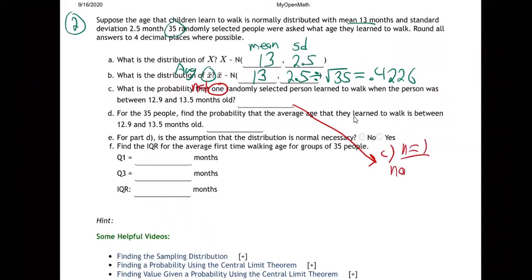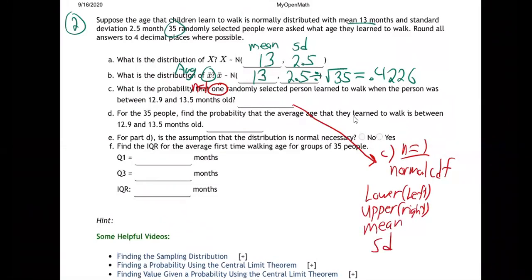So it's going to be normal CDF, and they're going to go lower, which is left, upper or right, mean, and standard deviation. So lower, upper, mean, standard deviation. Well, they say between 12.9 and 13.5. So 12.9, 13.5. The mean is 13, standard deviation 2.5. Hit the buttons on your calculator.